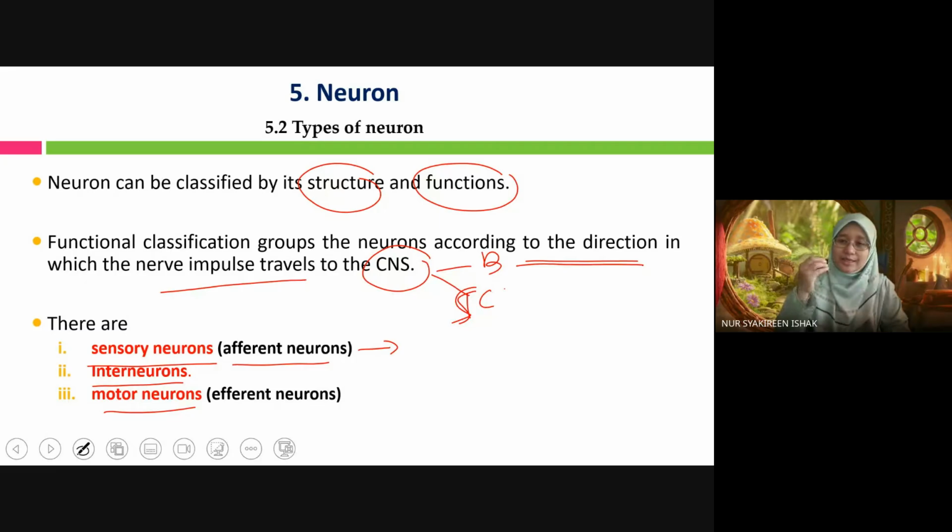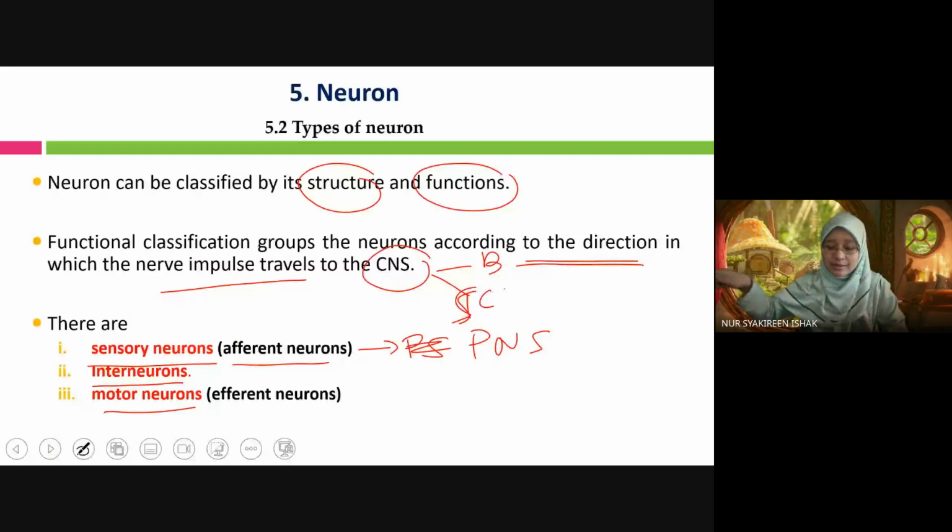If changes occur to the chemical and physical factors, they will be detected by the sensory neurons in the peripheral nervous system. From the sensory neuron, there will be an electrical impulse transmitted along the neurons until it reaches the interneurons.